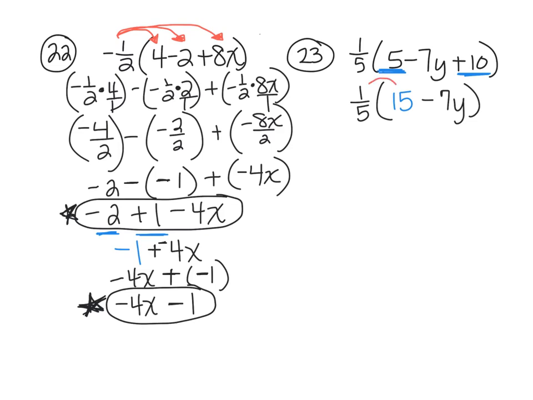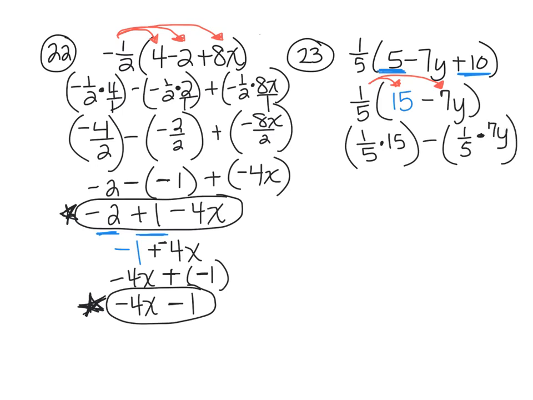Then we're going to multiply 1/5 times each of those terms inside the parentheses. So as I use my distributive property, I get 1/5 times 15 minus 1/5 times 7y.